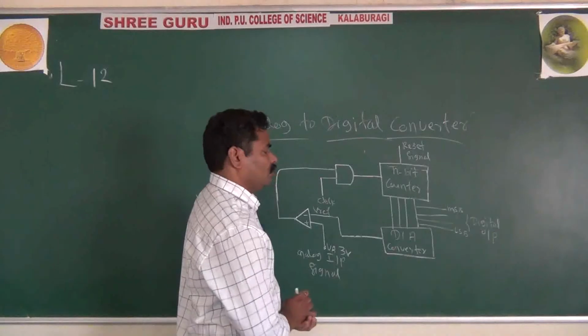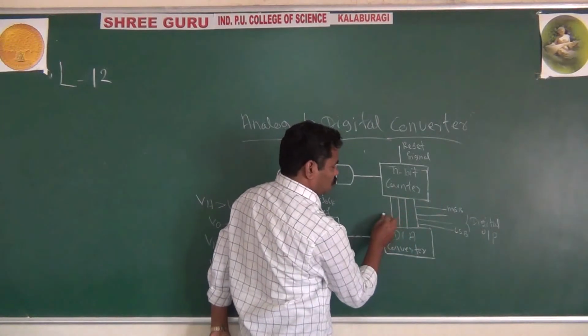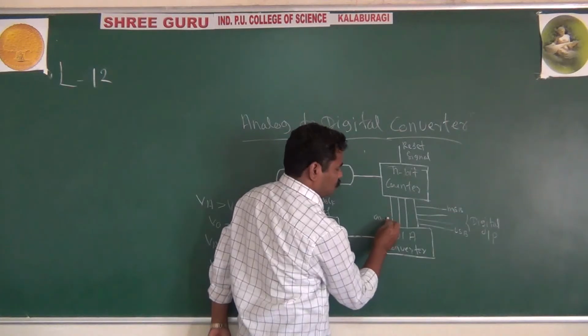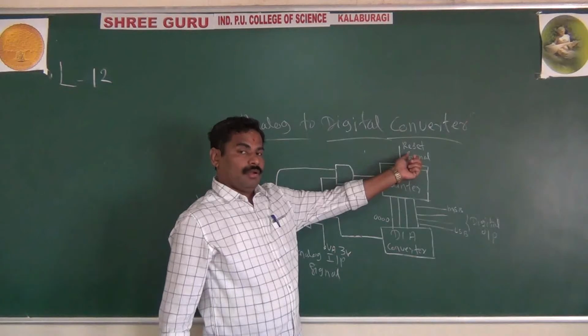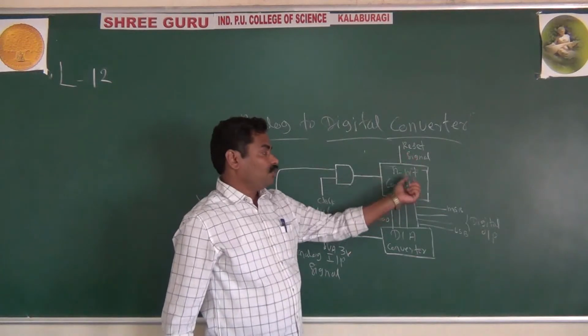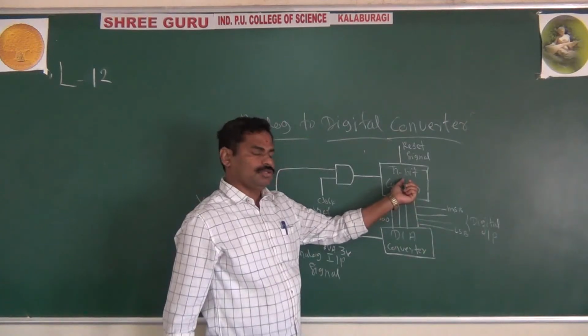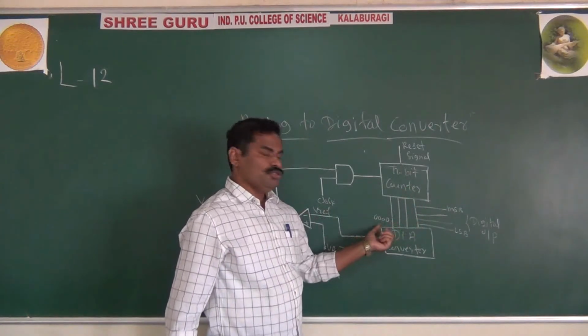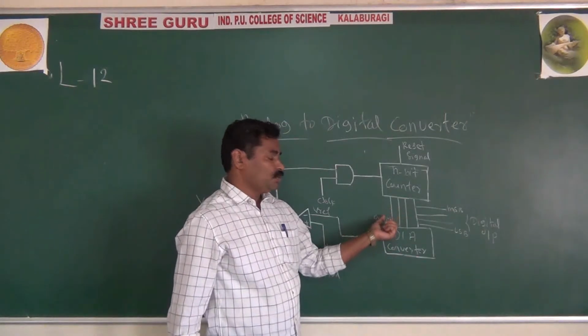If the counter is 0, the output of the counter will be 0, 0, 0, because we are applying the reset signal and the counter is not counting any clock pulses. This counter output is in terms of digital.